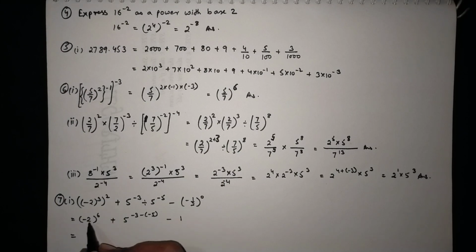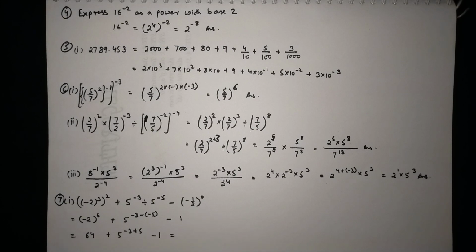And then 2 to the power 6, that is 64. Then plus 5 to the power minus 3 minus minus 5, minus minus will be plus, so this will be written as 5 to the power minus 3 plus 5 and minus 1.